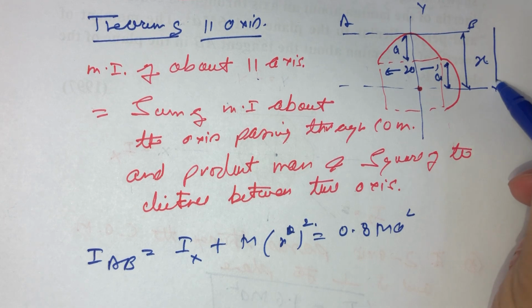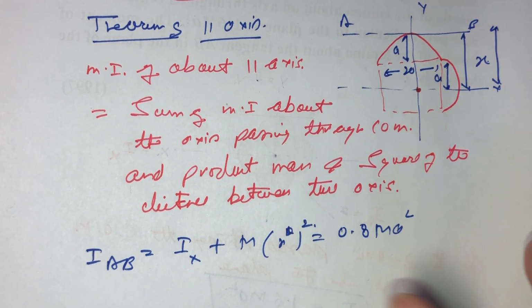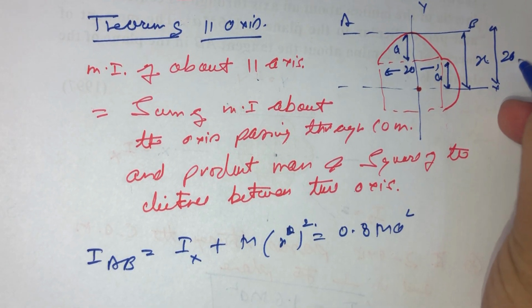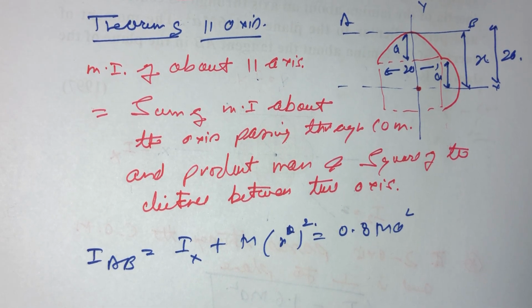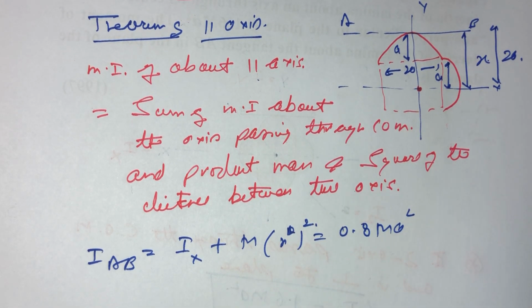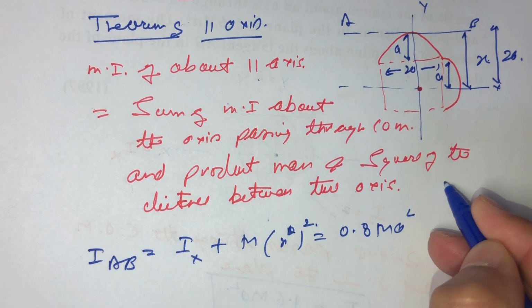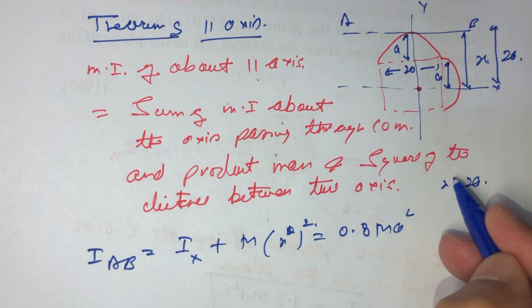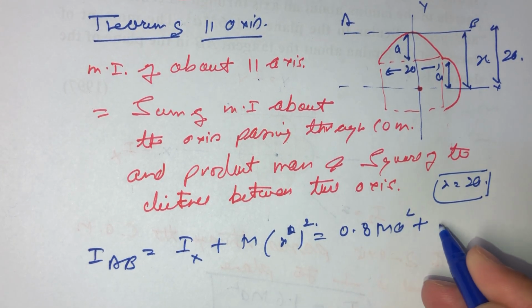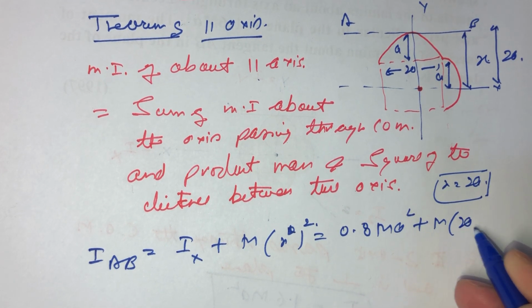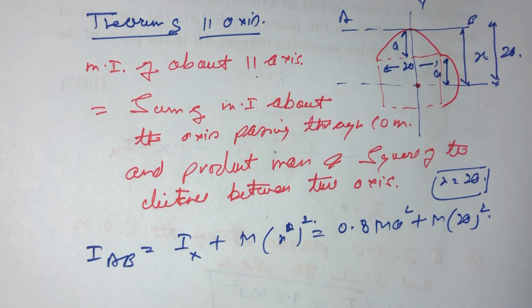So we get total will be equal to 2a. So you can see from here that our x is equal to 2a. So this will be plus m 2a square.